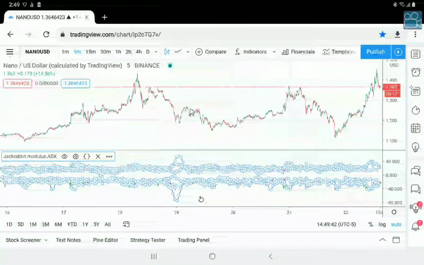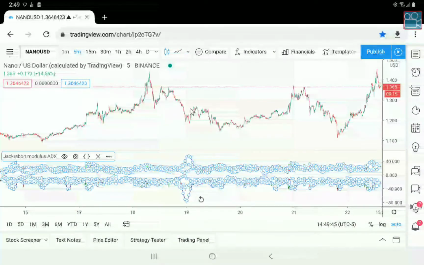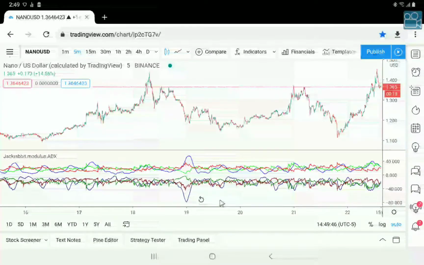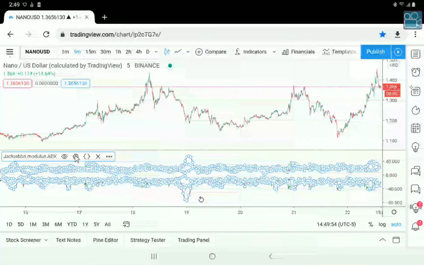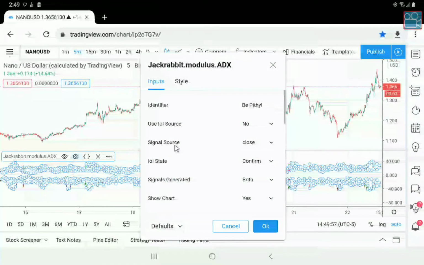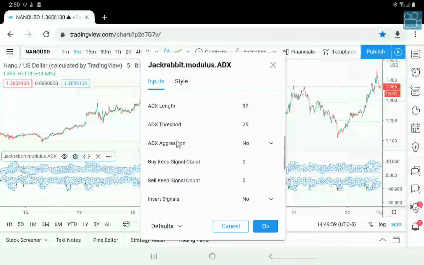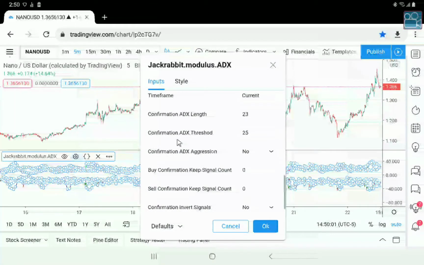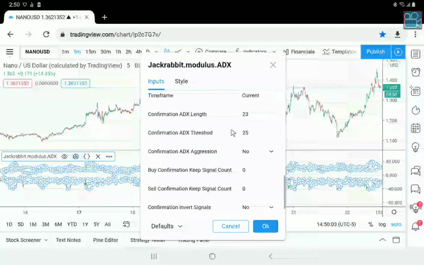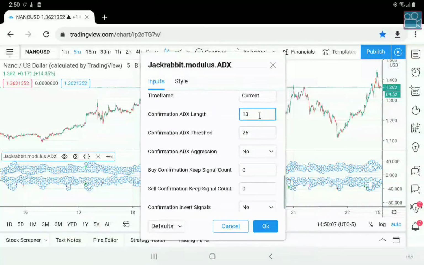Each indicator has its own capabilities, meaning you can tune this one completely differently than you can tune your primary. Now the confirmation bias has all of the settings the primary does. So you will need to be aware of just how you tune and look at things.